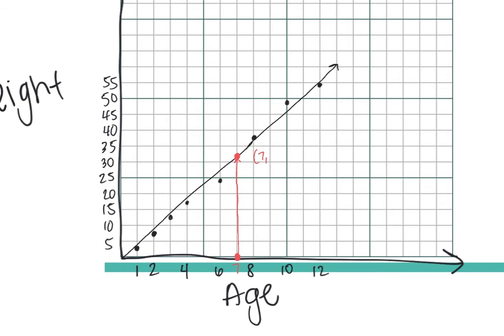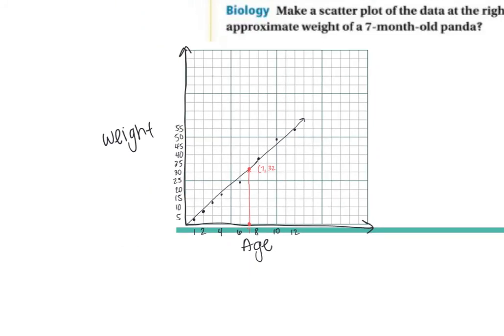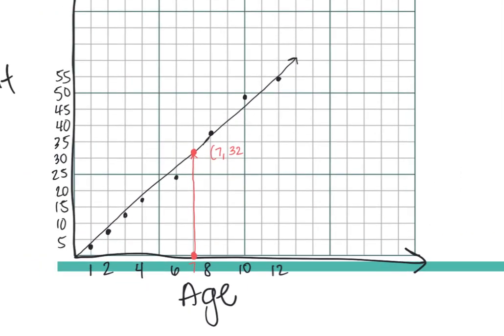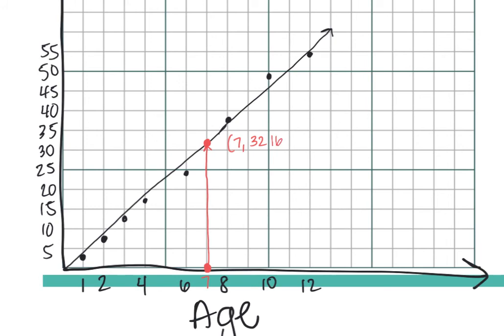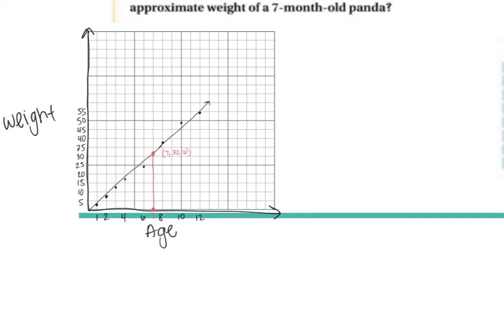So let's just say it's like 32. And what units were we using? Pounds. So at 7 months, approximately 32 pounds.